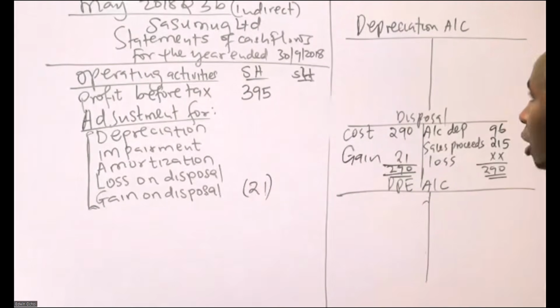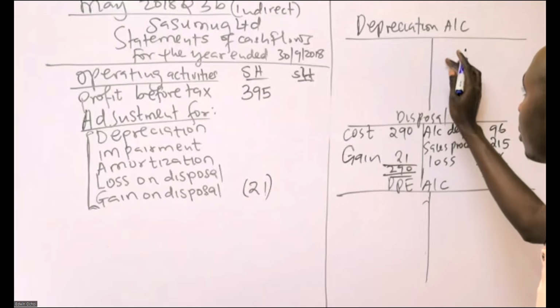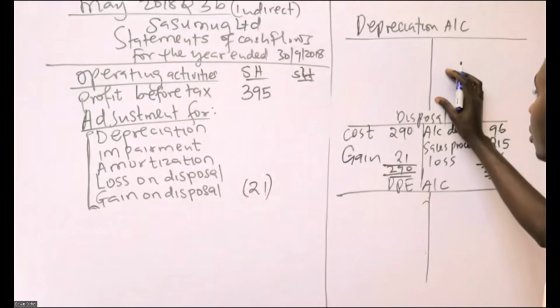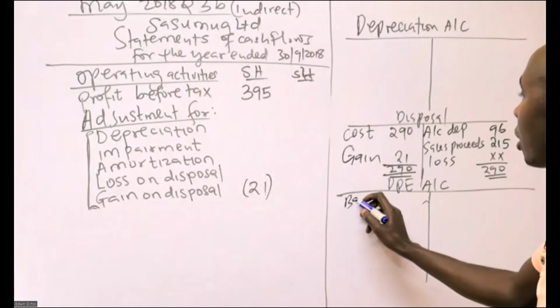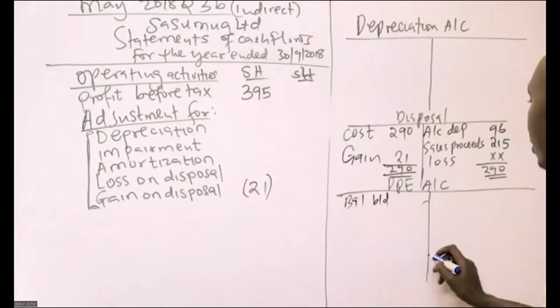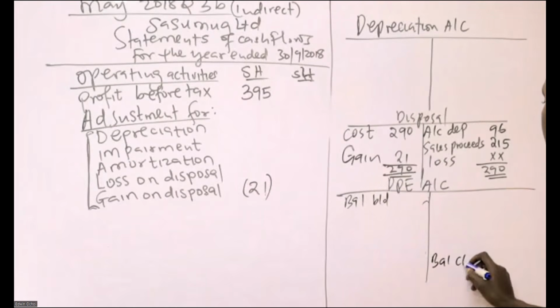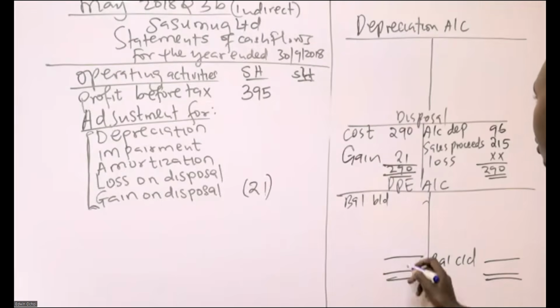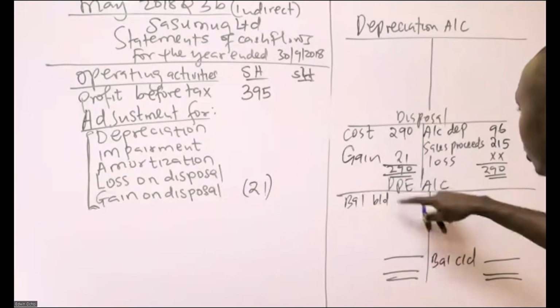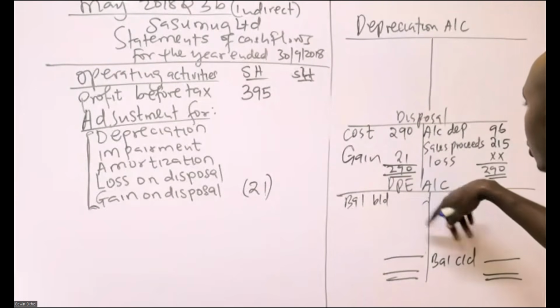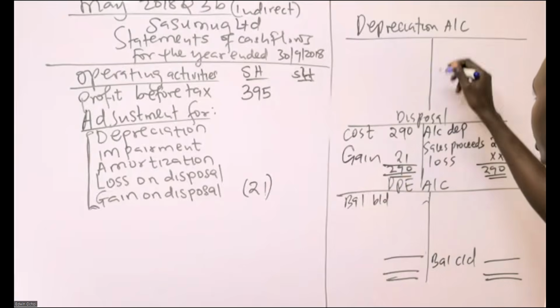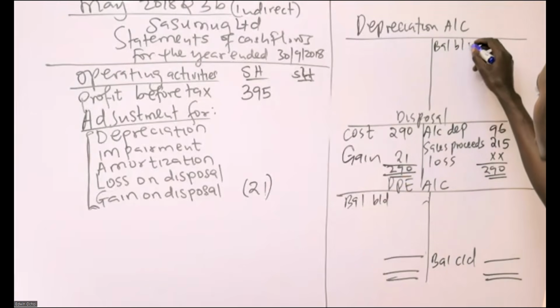So the depreciation account, the balance brought down is, because for the asset, the balance brought down will be on this side, and the balance carried down will be on this side. Since depreciation is a deduction from the PPE, the balance brought down will be here.